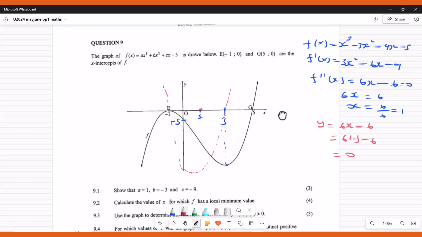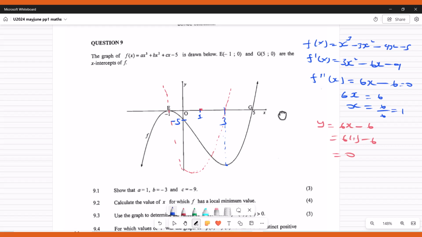And what about when I put x equals 0? I'm passing through a negative 6 somewhere down here. So to draw my second derivative, I just draw it passing through negative 6, but having a positive gradient. Let me use a blue color now.